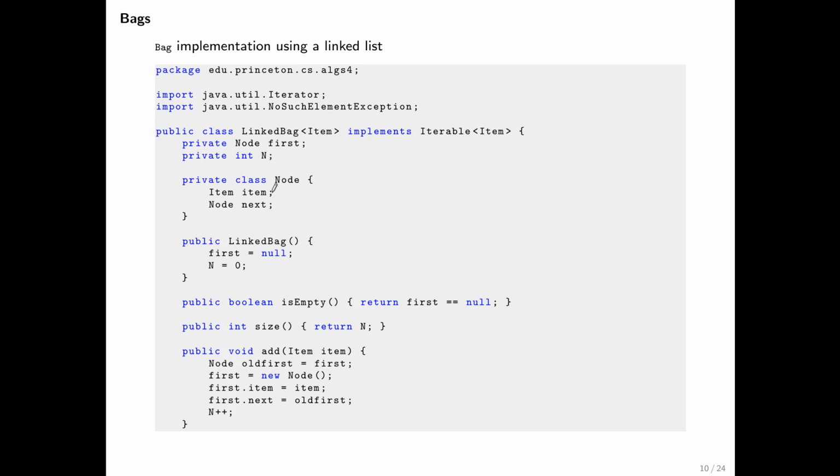Okay, all right. Now what do we have for instance variables? Well, for instance variables we have two things. We have this variable called first that is of type Node, and what this is, is the pointer to the first node in the linked list that's going to store all the items of the bag. Okay, so the underlying data structure for us here is simply a linked list.